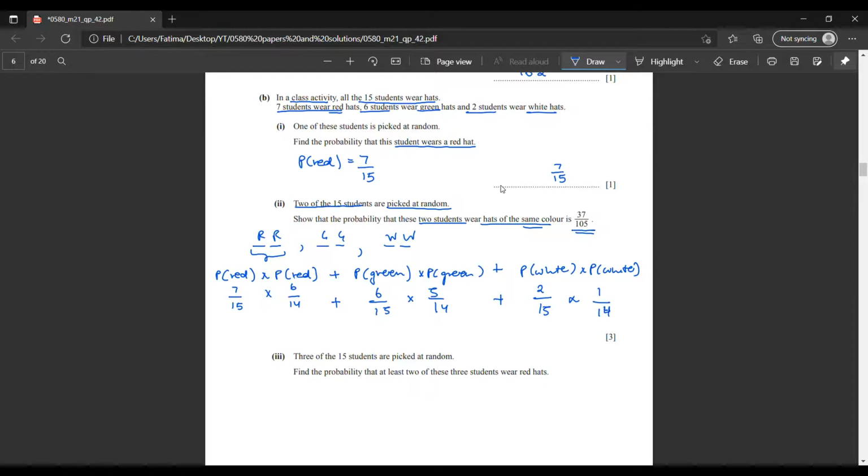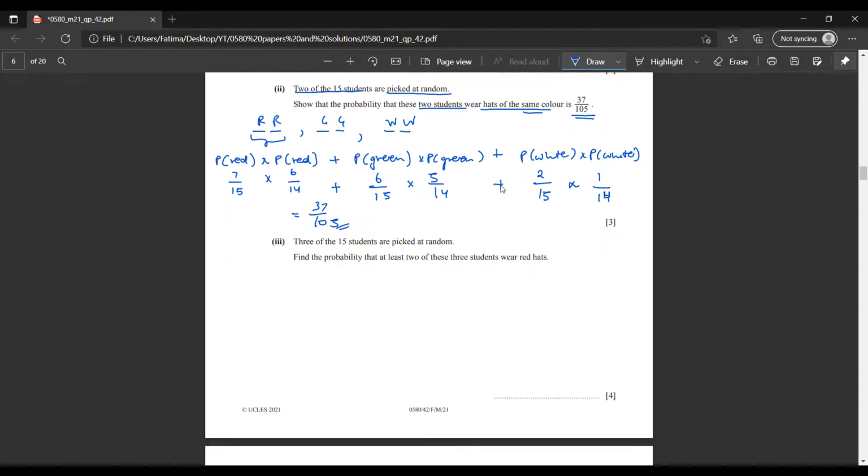And we have to add this yet again. So if this is correct, then I should be getting 37 by 105. And yes, you finally get 37 by 105 in the end.